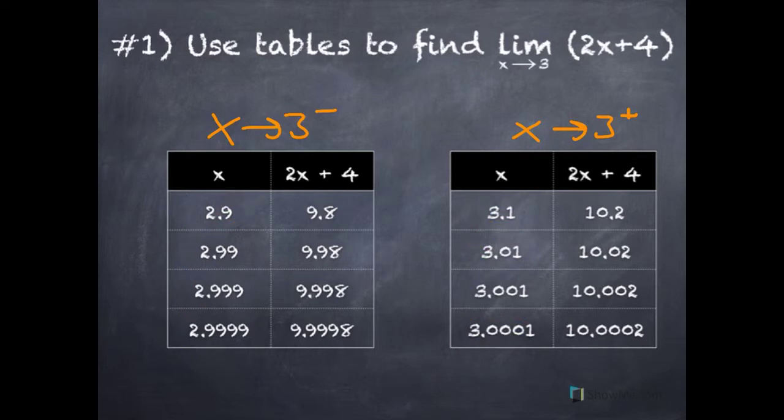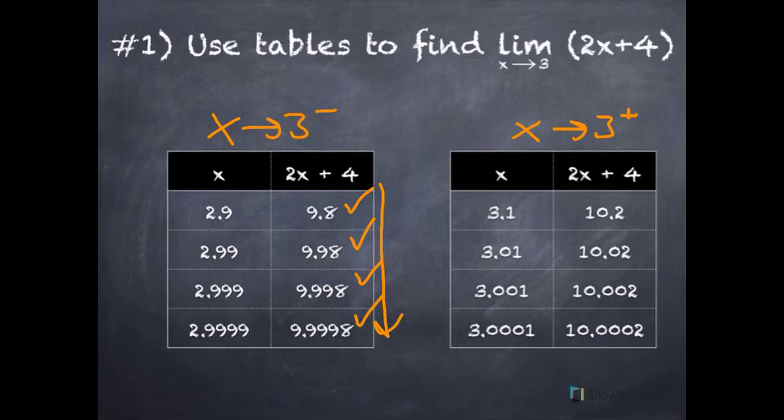So going back to this first table, what are the y values getting closer to as we're going down this table? Well, we can see here at the beginning 9.8, and then it goes 9.98, 9.998, the next one 9.9998.